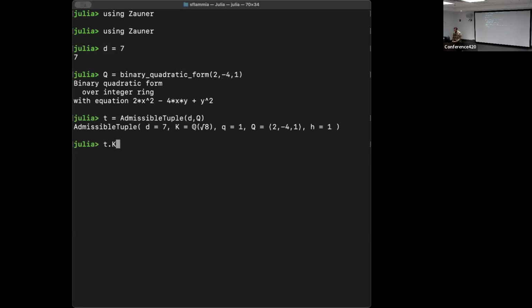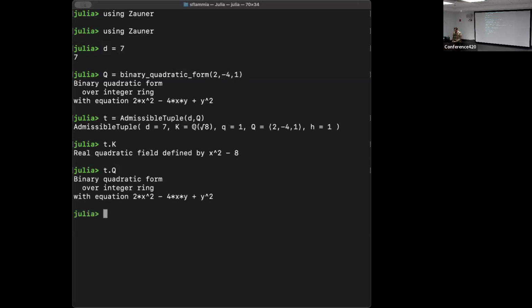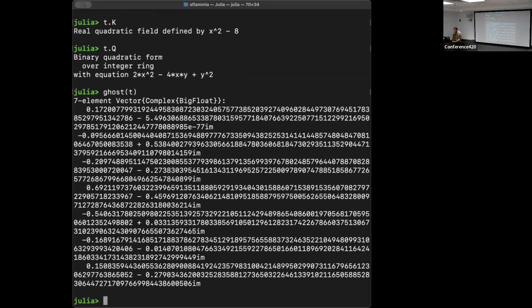It has the field. It's 8 instead of 2 in this example for some technical reason. It's not important. And then I can do things like compute the ghost. And there it is. There's your ghost, obviously, right? Or not so obviously. I can also do the following.